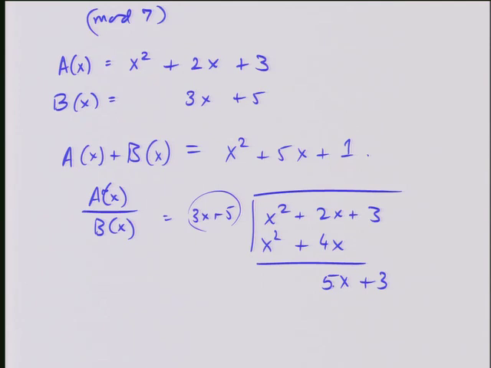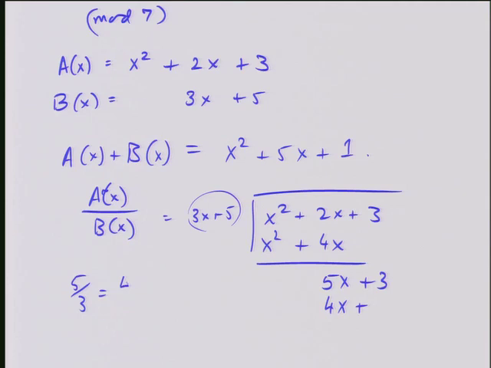So you get 4x plus... Sorry, what did we do here? We wanted to multiply by 5 divided by 3, which is 4.